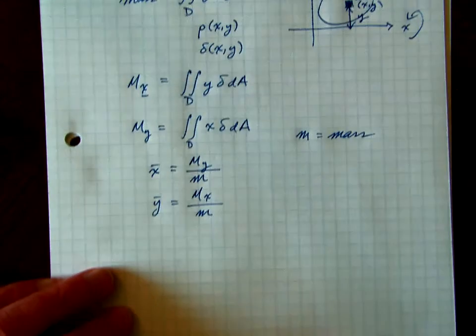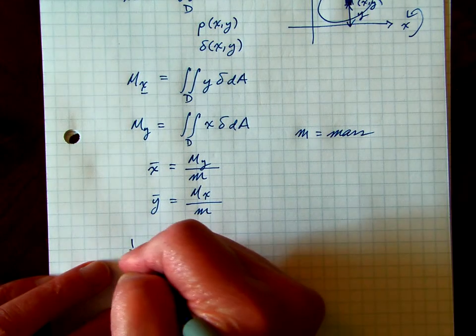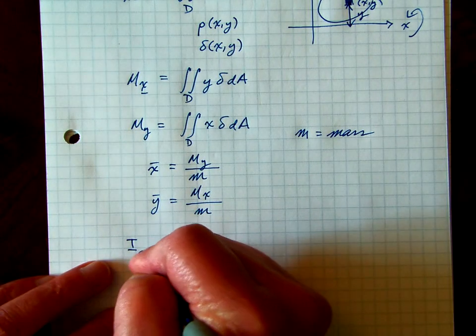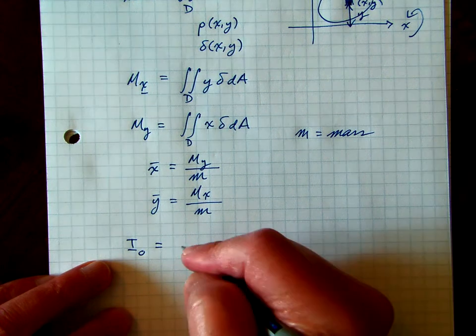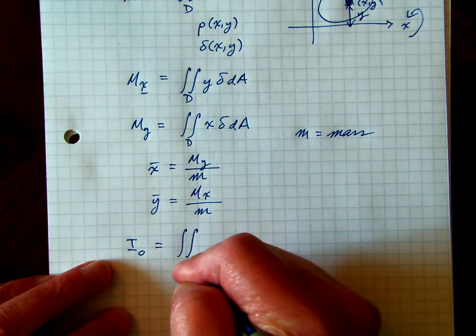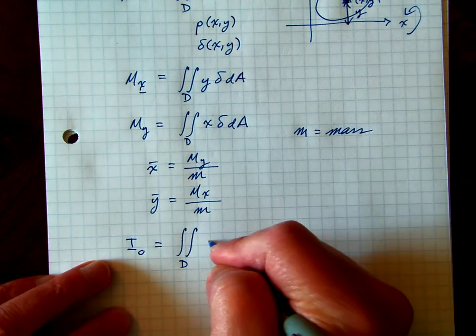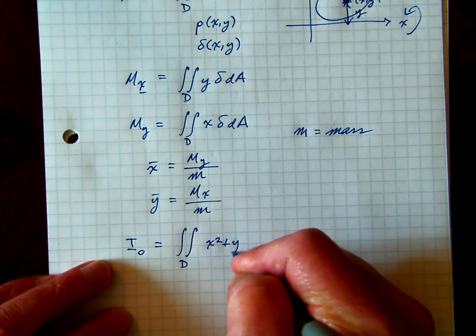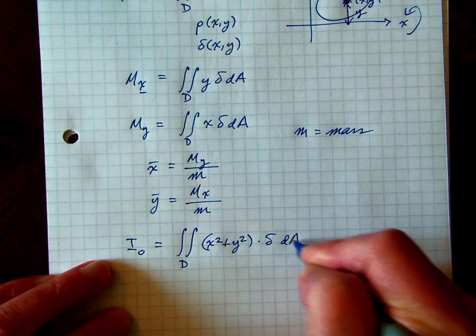By the way, there is another moment that we're very interested in, and that's called the moment of inertia. And I'm going to focus on this one, I sub 0, or I0, which is the moment of inertia about the origin. That one is the double integral over the domain, over the region, of x squared plus y squared multiplied by the density function and integrate it with respect to area.